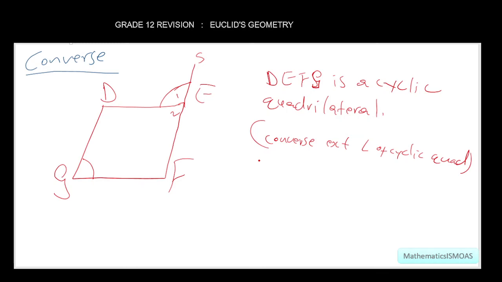Or you can just say exterior angle of quadrilateral equals to interior opposite angle. Although I would recommend that you take the first reason, converse exterior angle of cyclic quad.